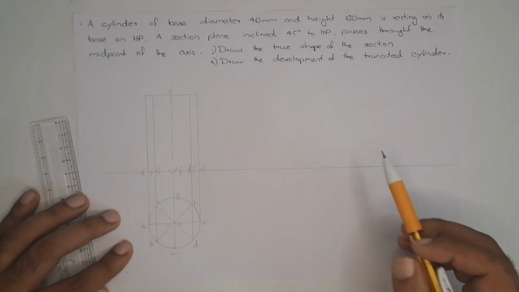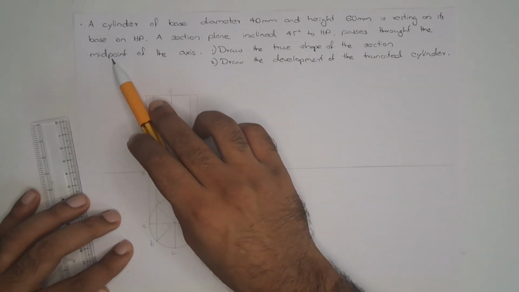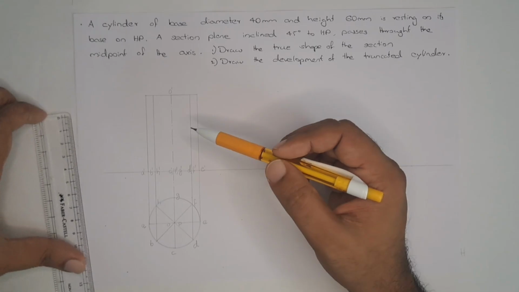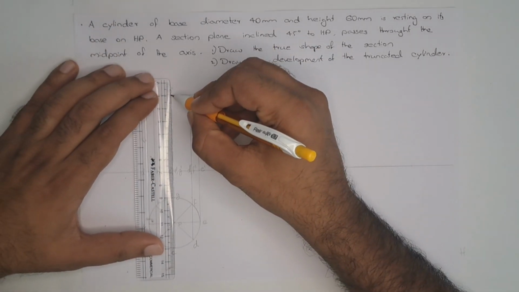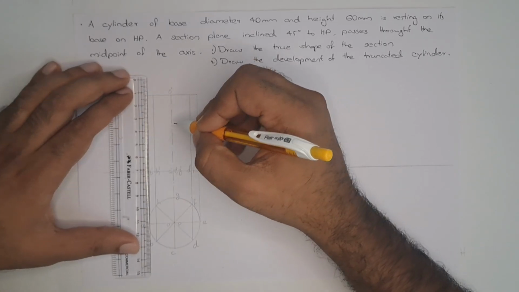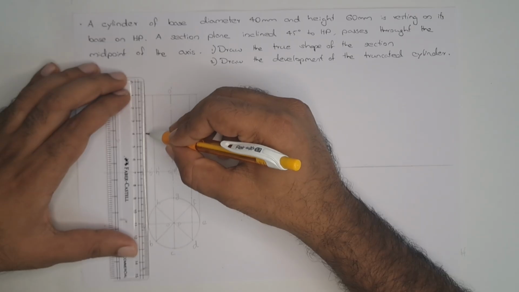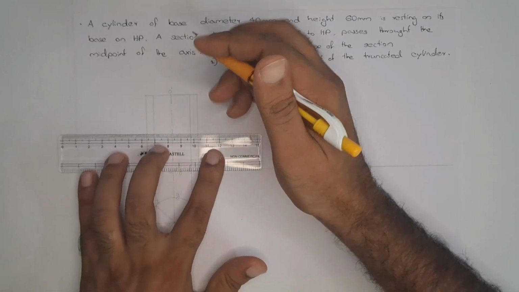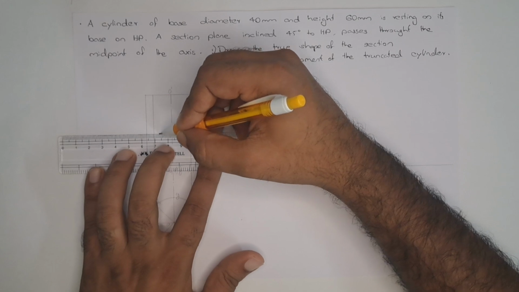Now we have to draw the section plane which passes through the midpoint of the axis. So we just need to take the midpoint. Two points is enough. We draw a parallel line for reference.